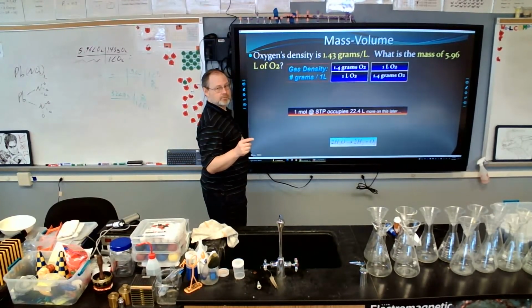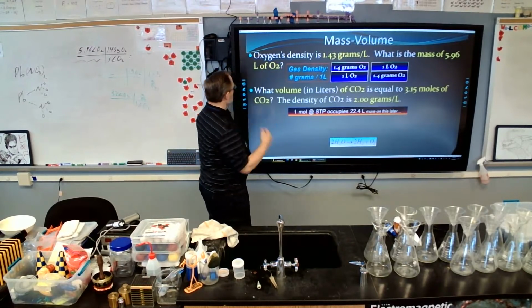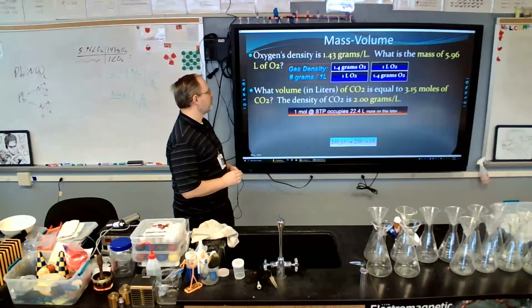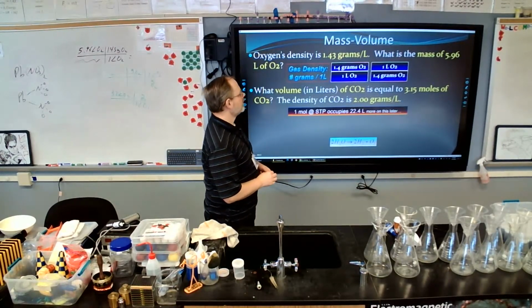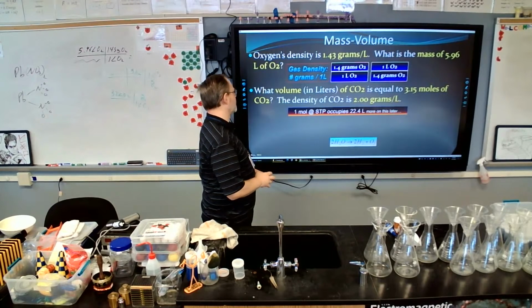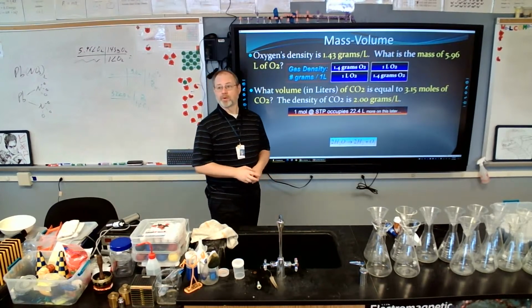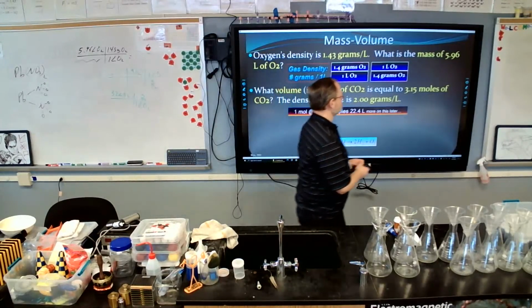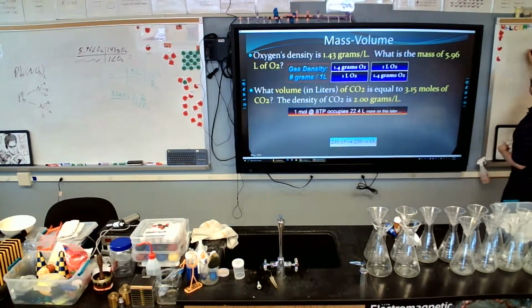You ready? Okay. What volume in liters of CO2 is equal to 3.15 moles of CO2? So work this one out. We're going to start just like before, only in this case we're starting with moles. We're not starting with grams.